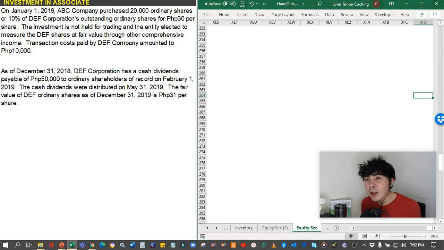So, let's start. On January 1, 2019, ABC Company purchased 20,000 ordinary shares or 10% of DEF Corporation's outstanding ordinary shares for 30 pesos per share. So here, on January 1, 2019, our acquisition is only 10% of the outstanding shares of DEF.